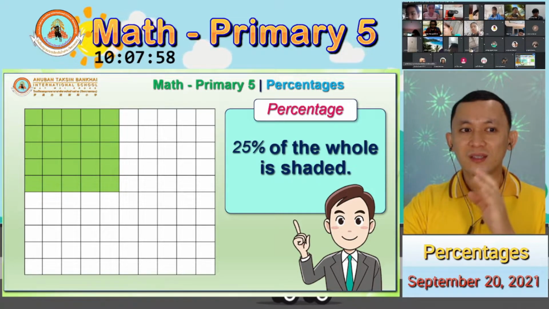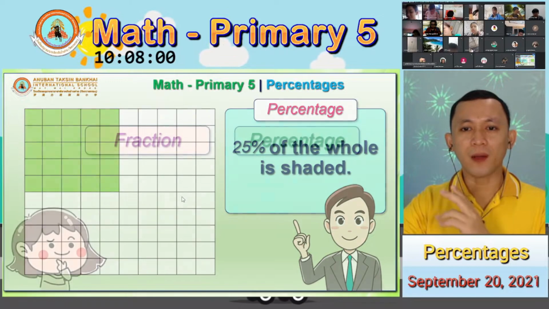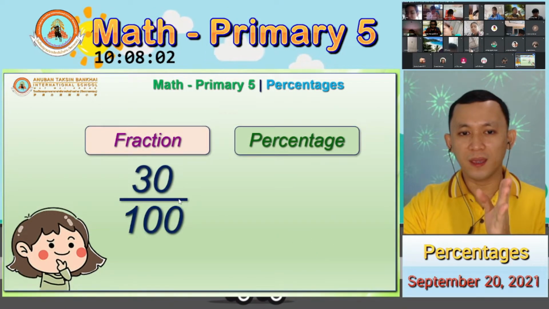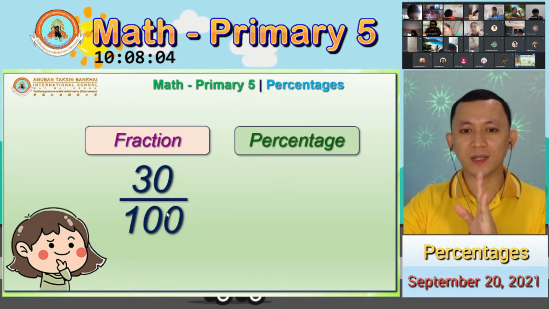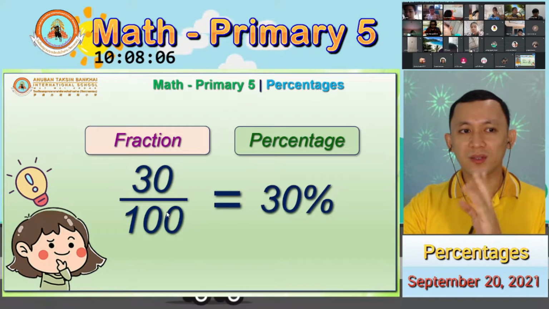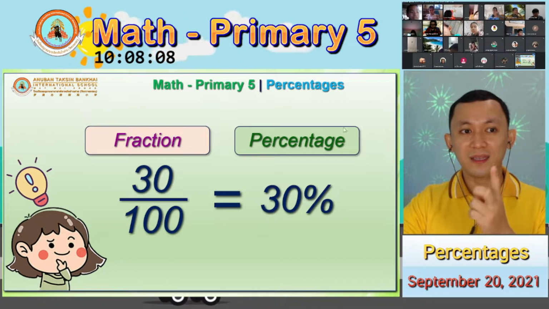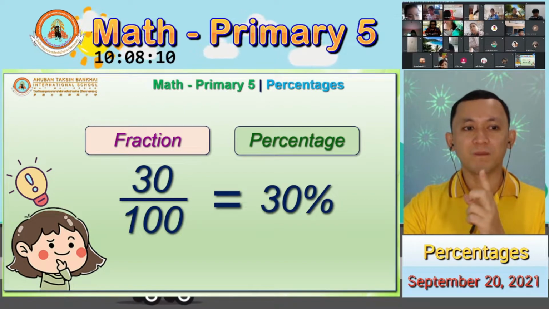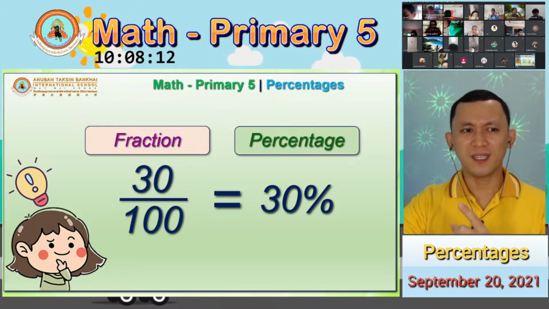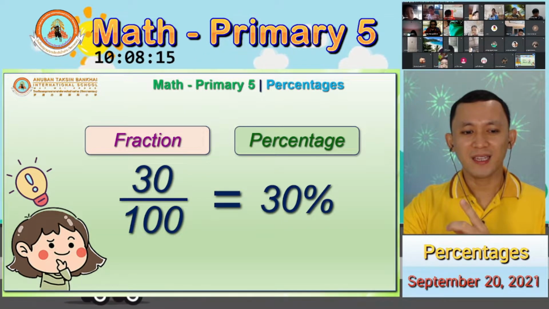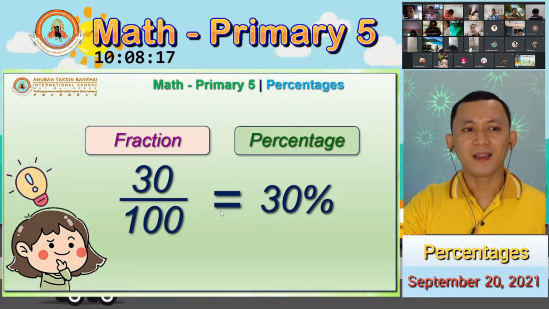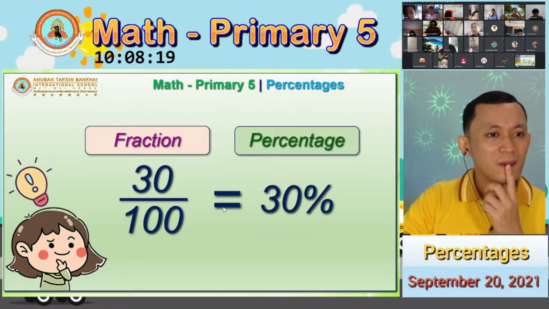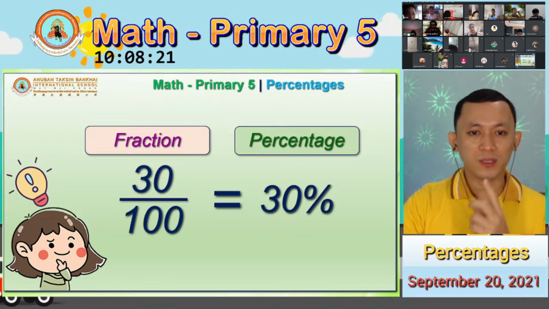Now, again, we have here 30 over 100. So therefore, we can say that is 30%. Very easy. Now, we have worksheet 27.